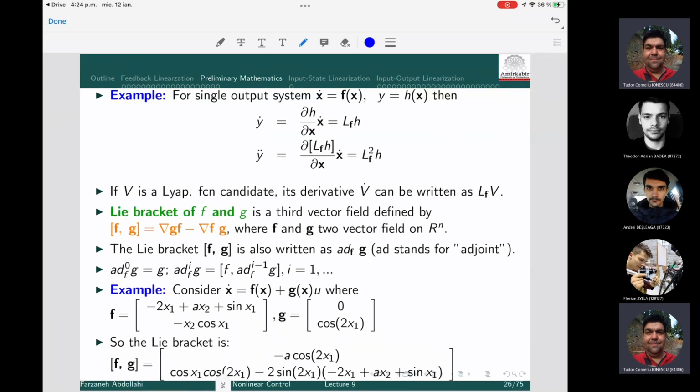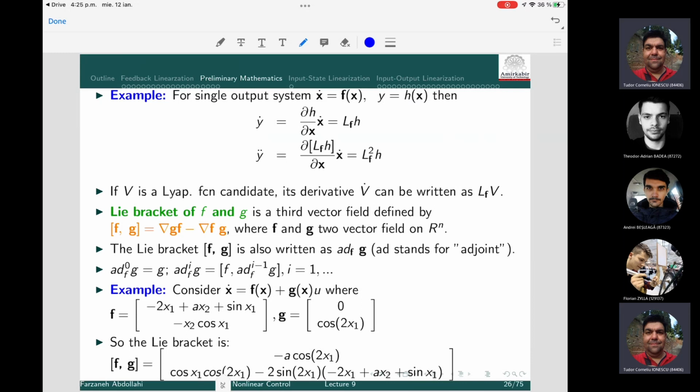For a single output system, x dot is f(x) with the output y equal to h(x), then y dot is L_f h, y double dot is L_f^2 h, and so on and so forth. If V is a Lyapunov function, this is a recollection of what we used to do when we were talking about Lyapunov stability, so we use this notion of L_f V.